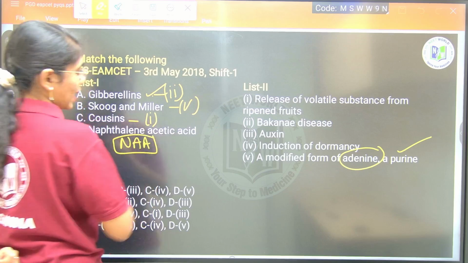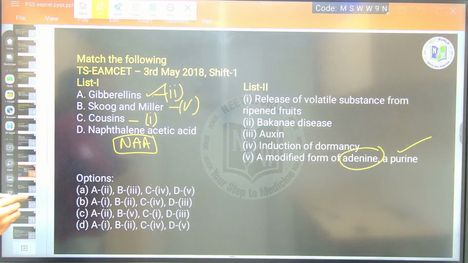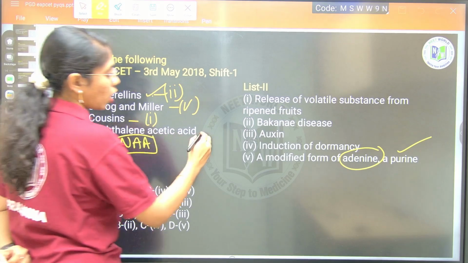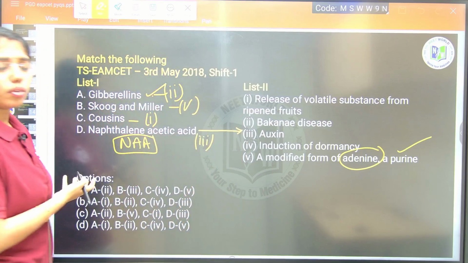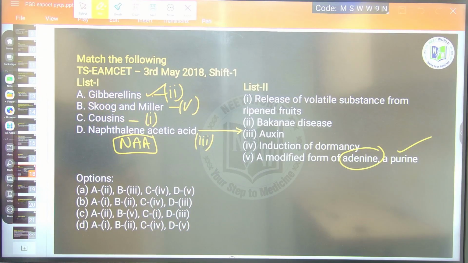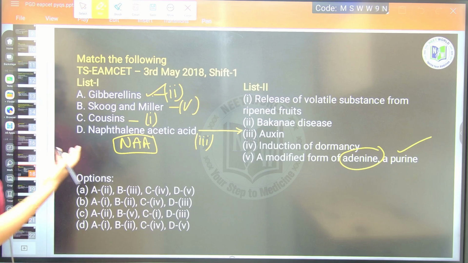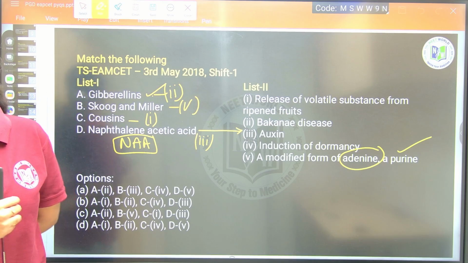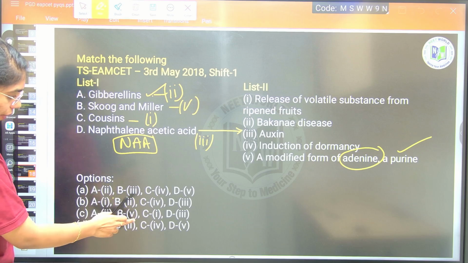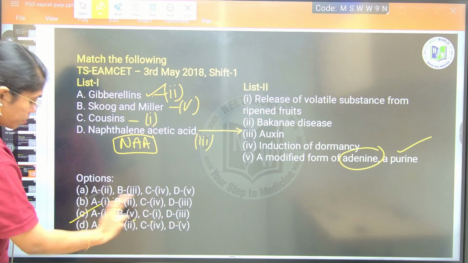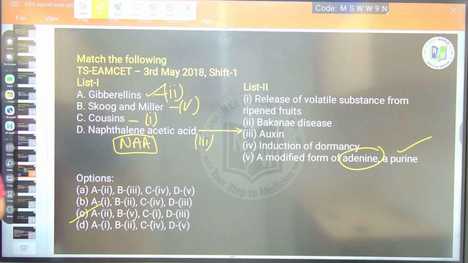Naphthalene acetic acid, which is a synthetic auxin, has a role in flowering and supporting parthenocarpy. Clear?